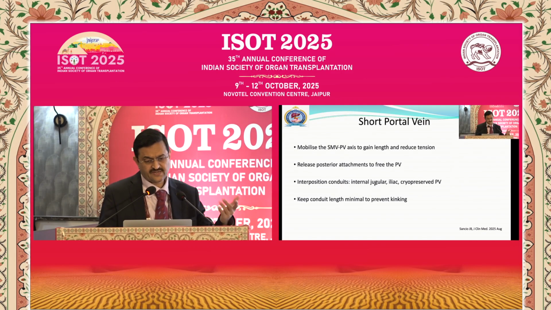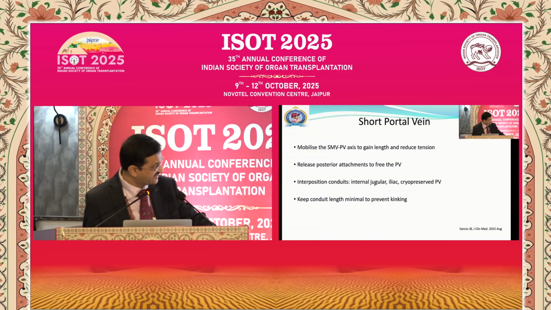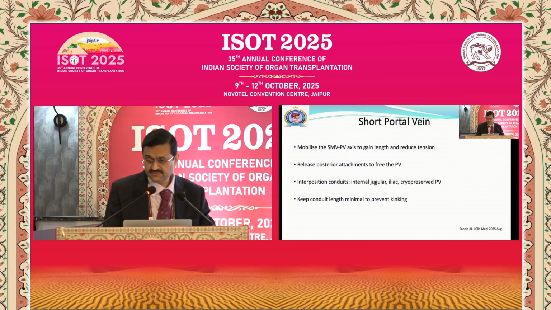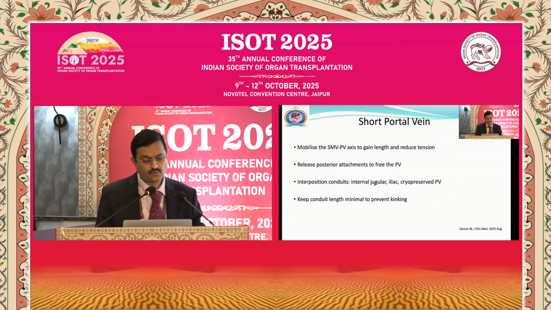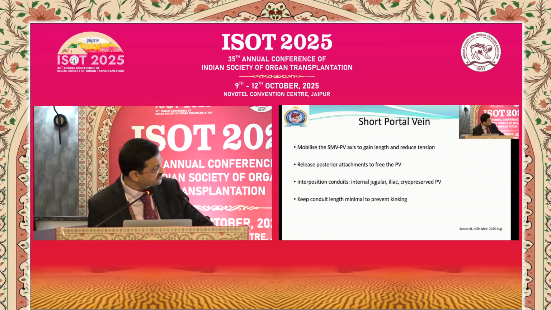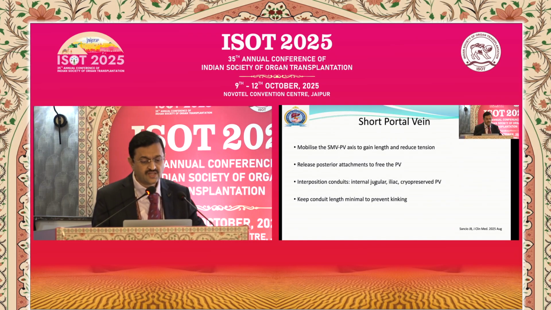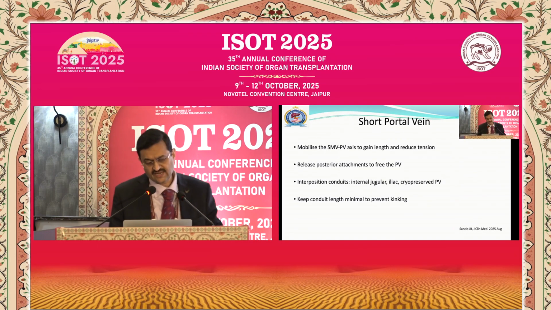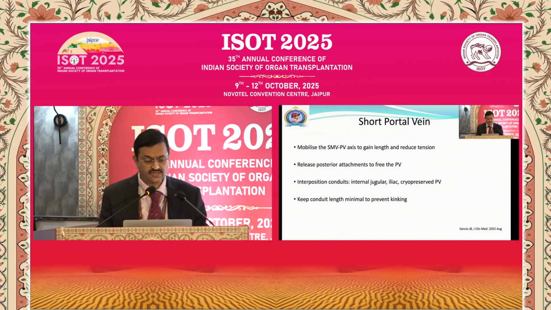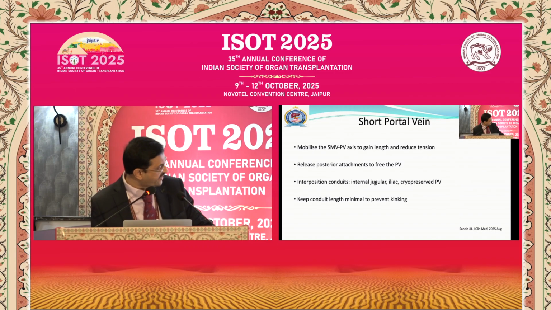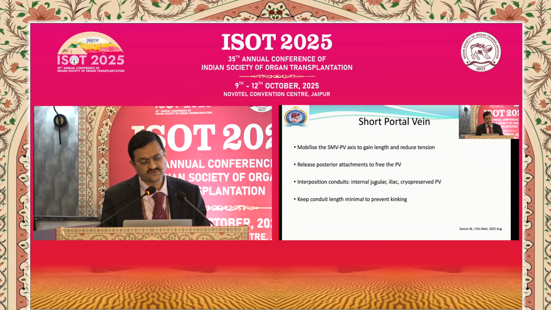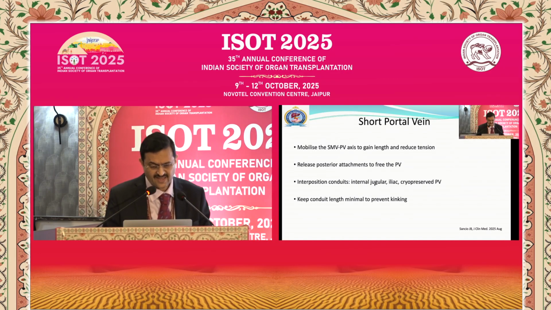Now the question somebody had asked: if there is a short portal vein, what do you do? You try to mobilize, get good enough length, but sometimes you find that the portal vein is still not usable. You try to push it to the posterior attachments, anterior attachments, there are multiple nodes around. Then the option you are left with is an interposition conduit. So what interposition conduits can you use? Usually the most preferred one is the internal jugular vein, because that would be a decent size match.